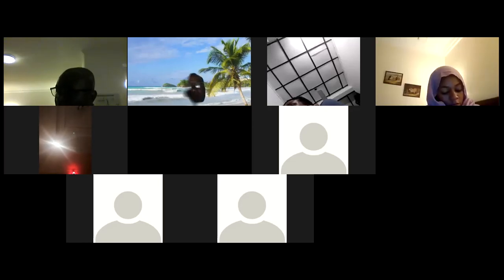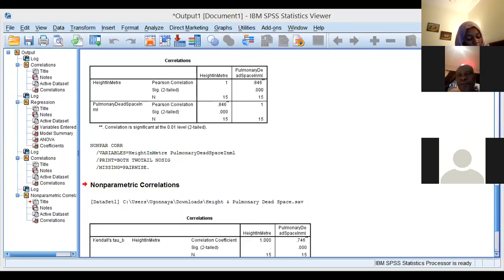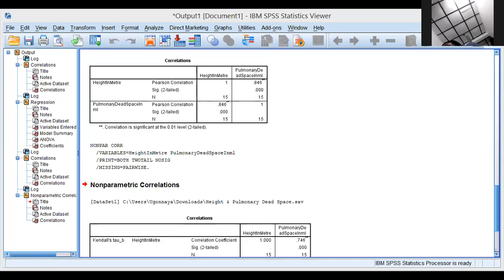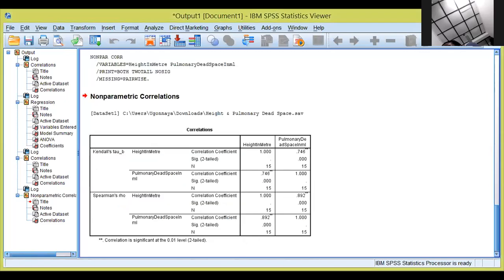Yes, share the results. You scroll to nonparametric correlations. Can you see Kendall's tau and this?